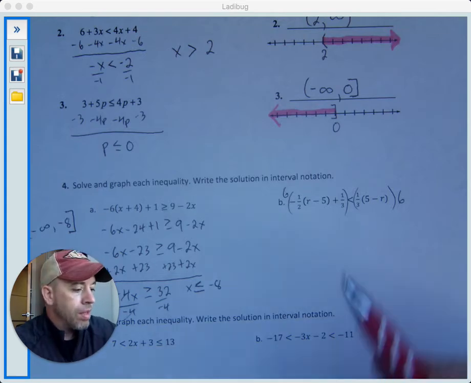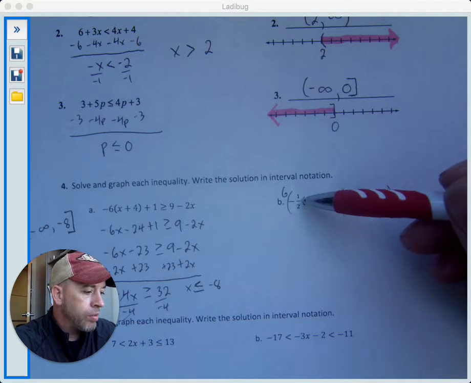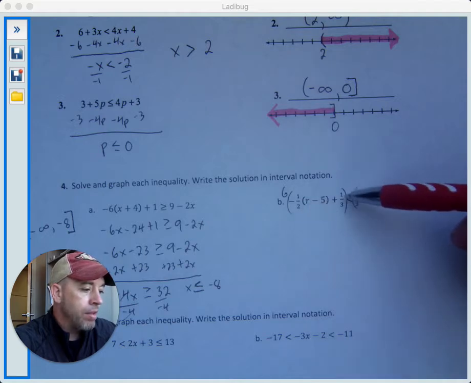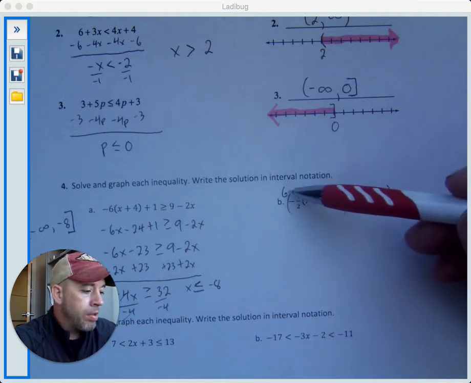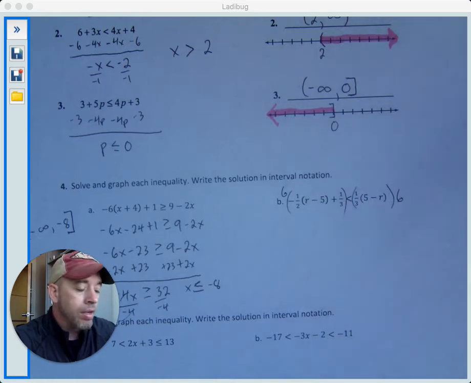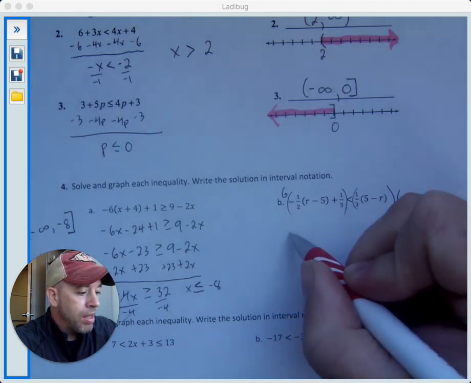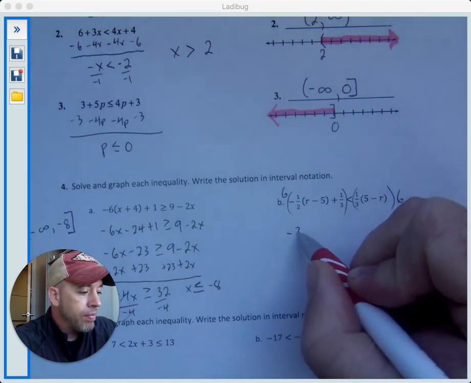So we really have two terms here, the -1/2 times r minus 5 and the plus 1/3. So I'm going to multiply 6 times the -1/2 and 6 times the 1/3. Well, 6 times -1/2 gives me a -3.